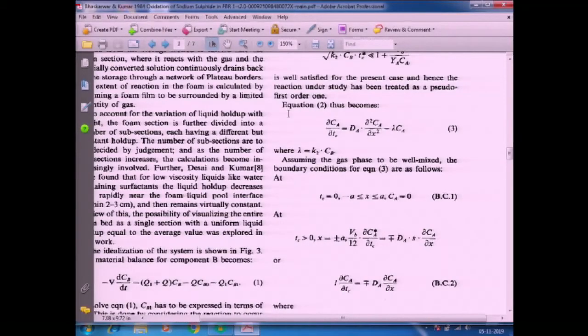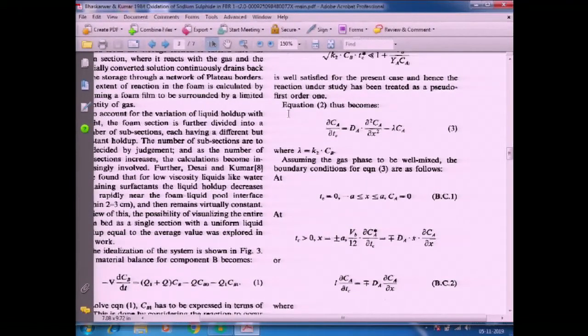At plus a and minus a, I am talking in terms of an equivalent at x equal to 0. And that will mean now we have an entire boundary condition in terms of A: L dou Ca by dou Tc equal to minus or plus dA dou Ca by dou x, and this Ca is nothing but K Ca star. You have to keep that in mind, because otherwise you soon land up in trouble. Please remember, this is a condition only at x equal to plus a or minus a.